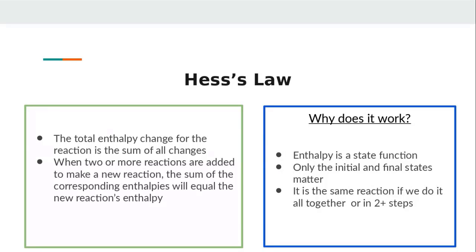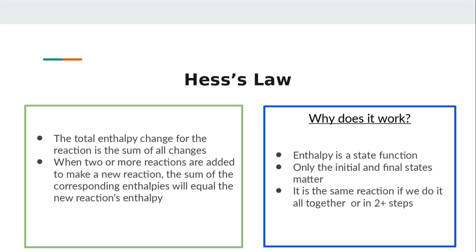So the way that we do this is we know that the total enthalpy change for the reaction is going to be the sum of all the changes. So when two or more reactions are added together, the new reaction's enthalpy will be the sum of the previous reactions. And this works because enthalpy is a state function.